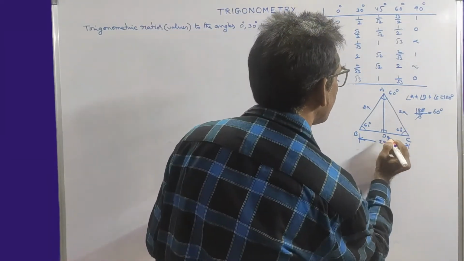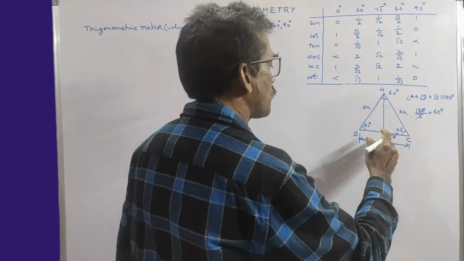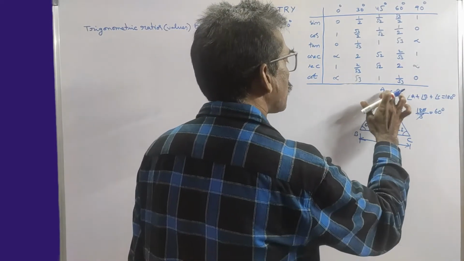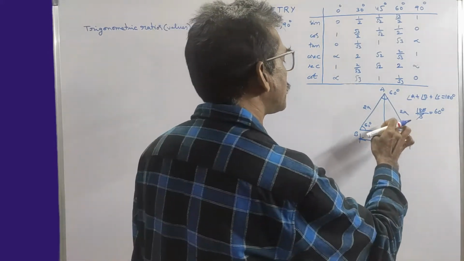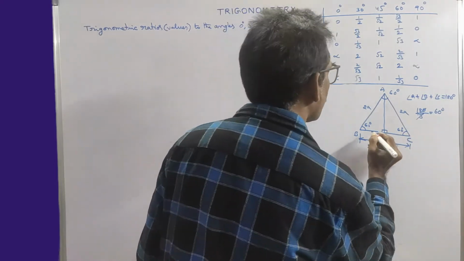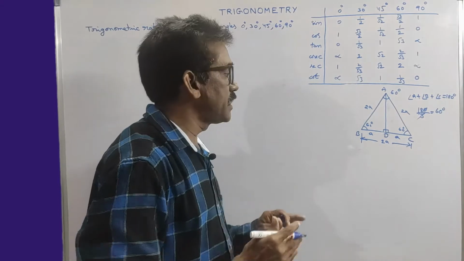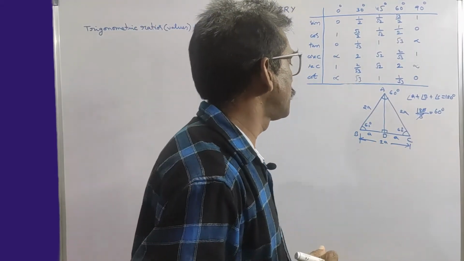Suppose the foot is D. AD is the perpendicular drawn from vertex A to the opposite side BC. Then according to the theorem, it divides side BC into equal parts. So BD is a and DC is a, because it is dividing equally.